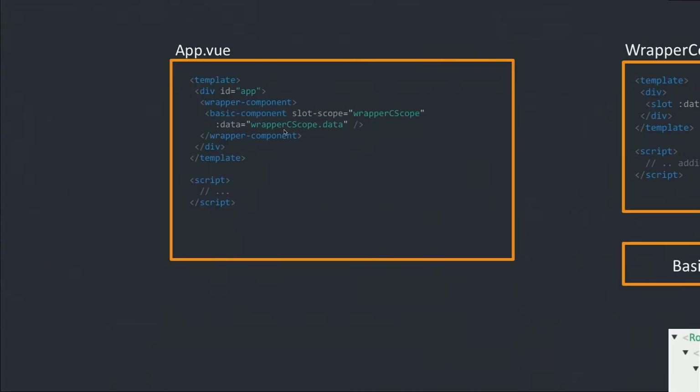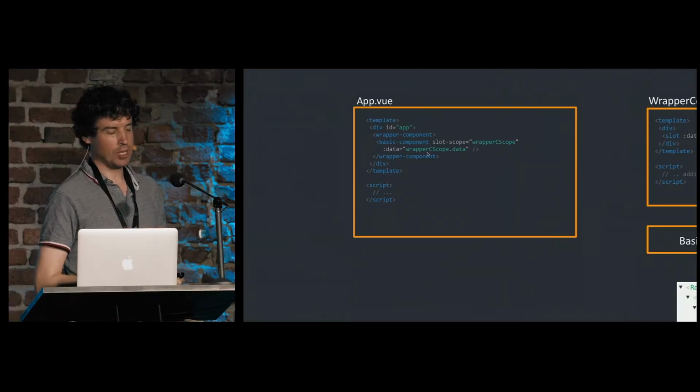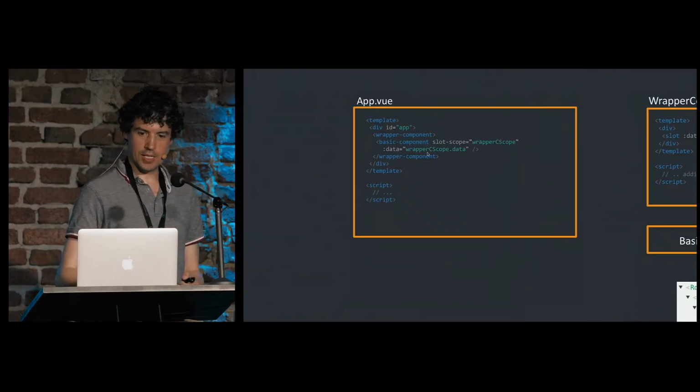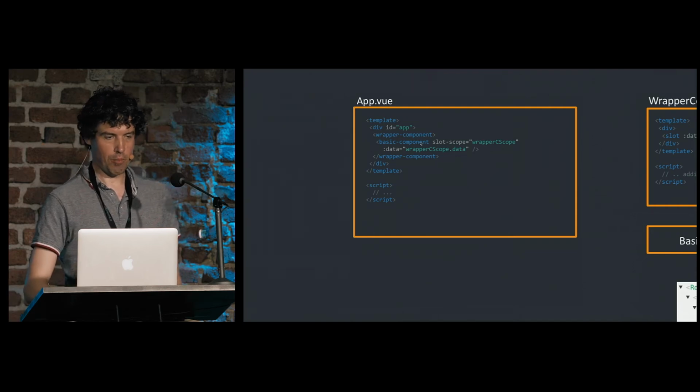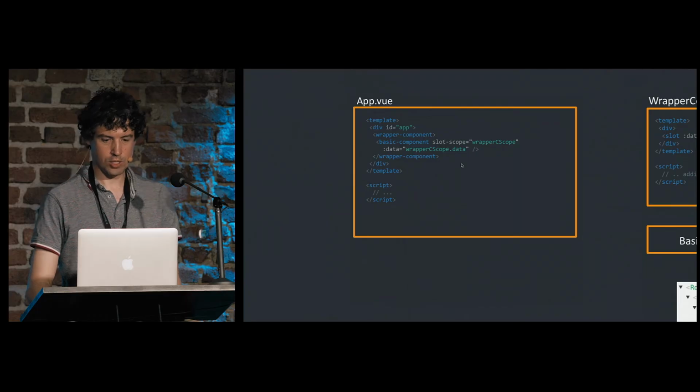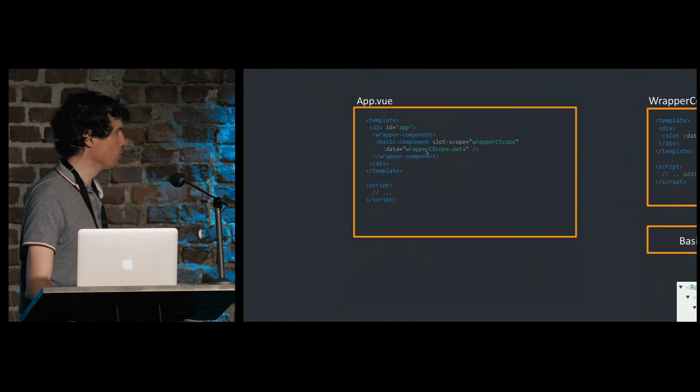This is a little bit tricky, and if you don't follow right now, don't be mad with yourself or with me. It's a bit tricky, but once you get it, it's very powerful, because instead of hiding something in a generator function, you're very declarative here. When you know what slot scopes are and how they work, you see immediately that this wrapper component wraps a basic component and passes something out of the slot scope into the basic component.